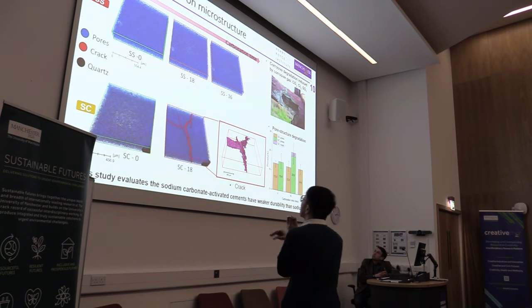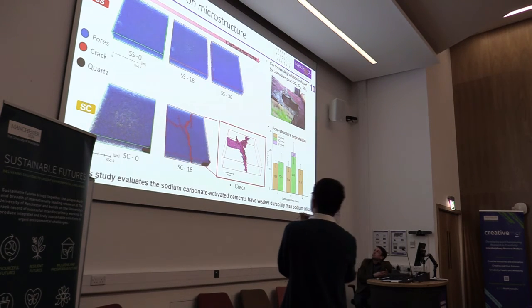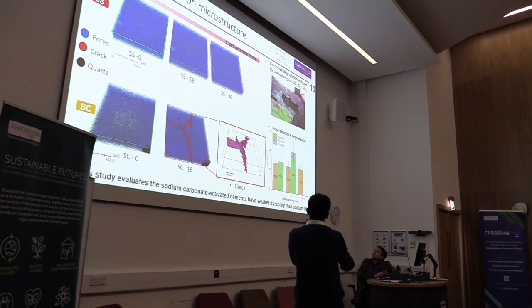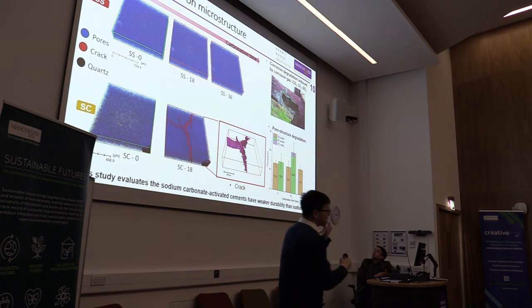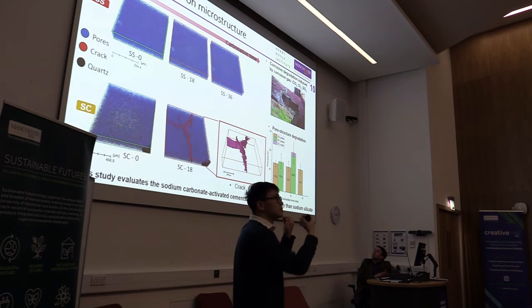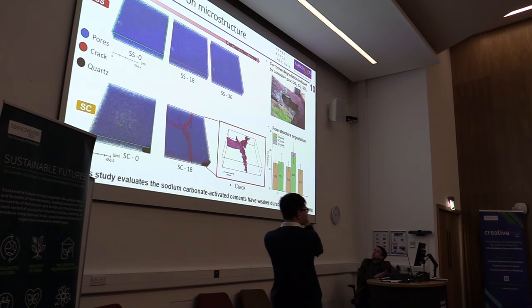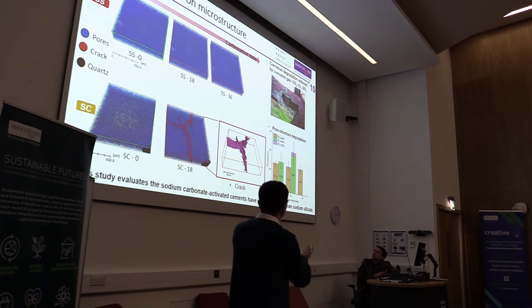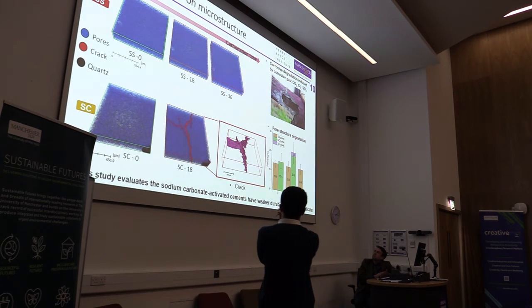So in this study, I evaluated how the activator influences the microstructure during some corrosion tests, because the main reason for the degradation of the cement is the reaction between the cement and the carbon dioxide, chloride, and sodium sulfate. These corrosive gases will degrade the cement microstructure.